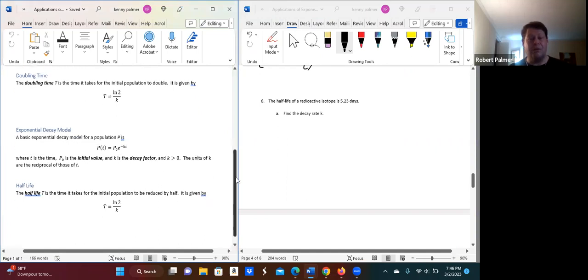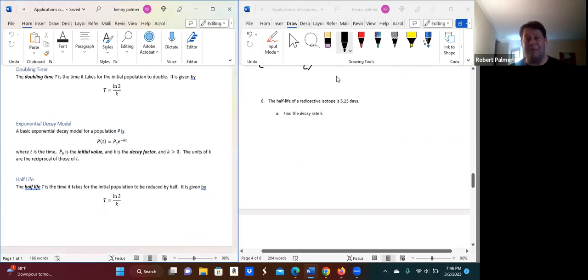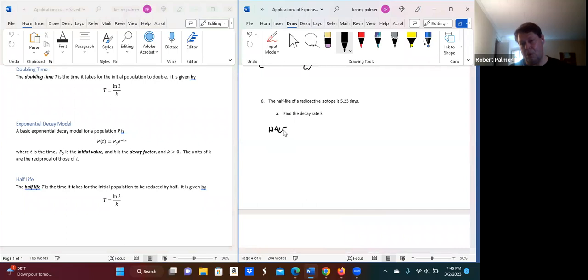Once again, we use the same formula we did for the doubling time, except this time we use it as the half-life formula. It's the same formula. So the half-life is equal to 5.23 days, as it says.